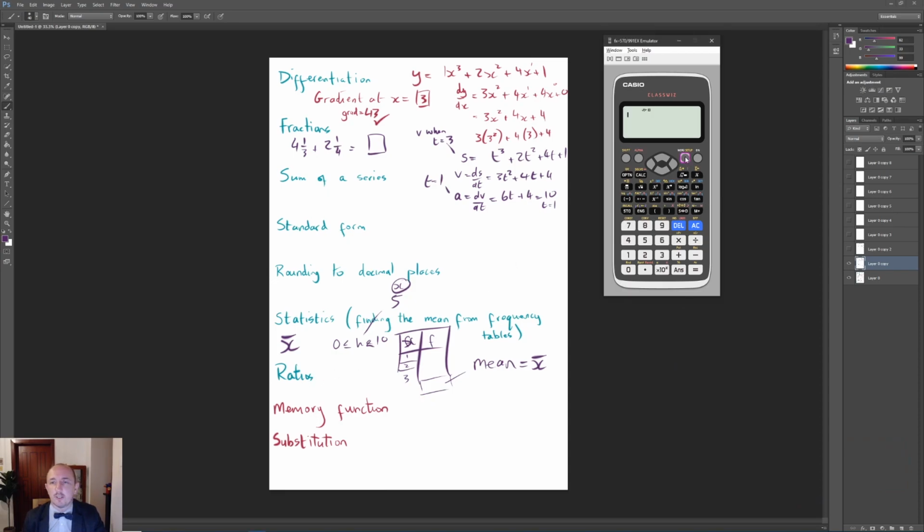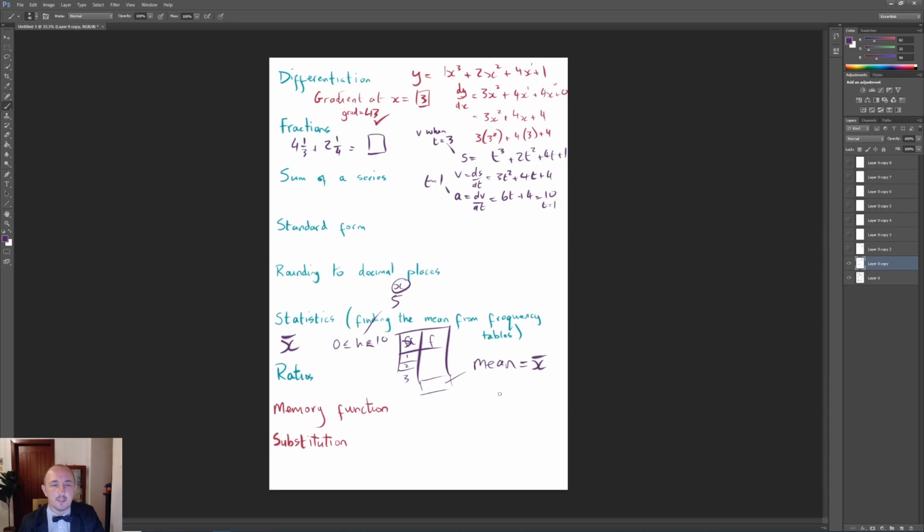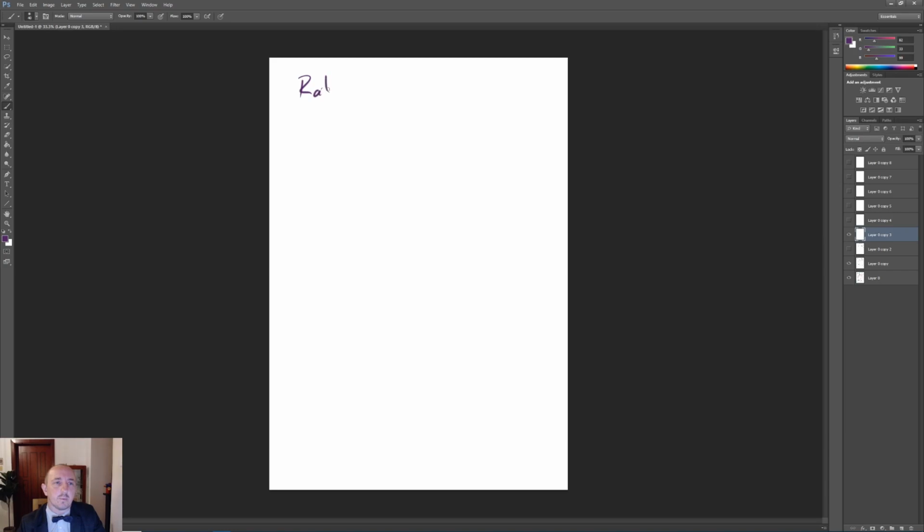Next one, ratios. So we go down to ratios, which is option C, and we have 2 options here for ratios. So where we would use this, let's just do this on a new page, is if you have some sort of scale like 1 to 3, or you're using similar shapes, and you have your length scale factor of the first thing. If you have your triangle like this, 12, and that one goes to 18, you would use the 12 to 18 as a ratio.